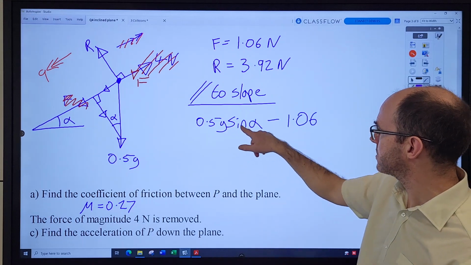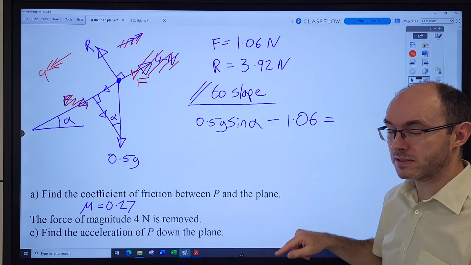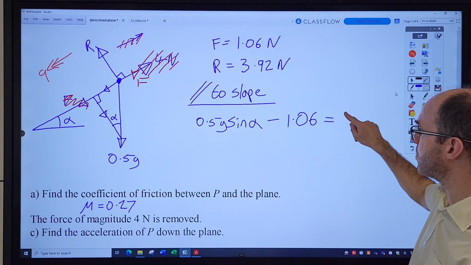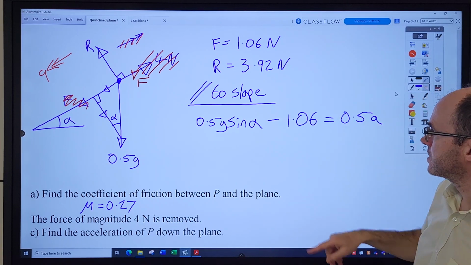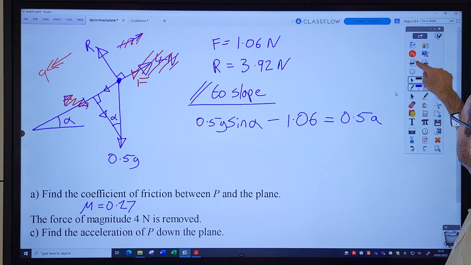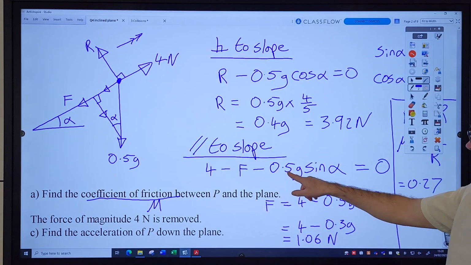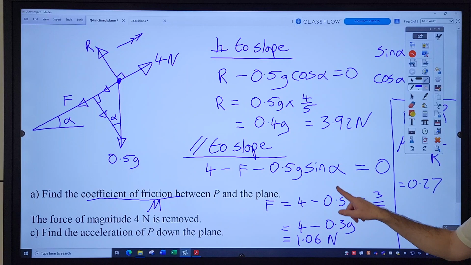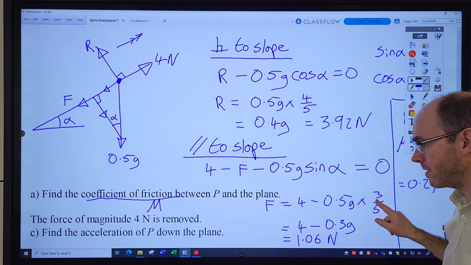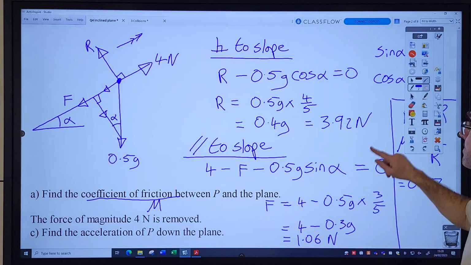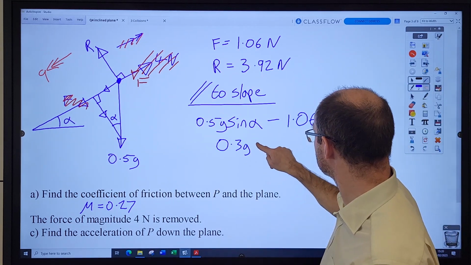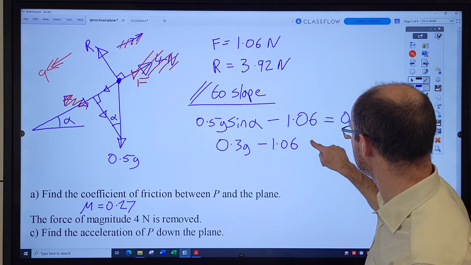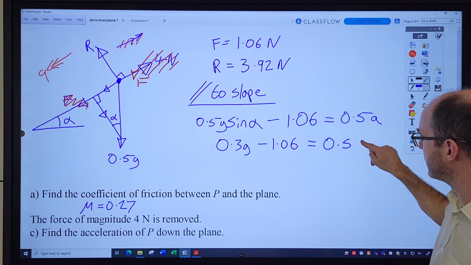So we've got that, subtract this is equal to mass times acceleration, so that's 0.5 times A. 0.5 g sine alpha was 0.5 g times 3/5, 0.3 g. So 0.3 g subtract 1.06 is equal to 0.5 A.